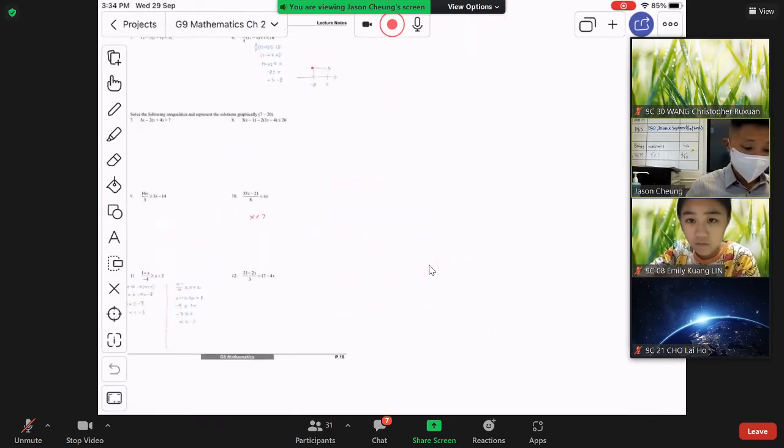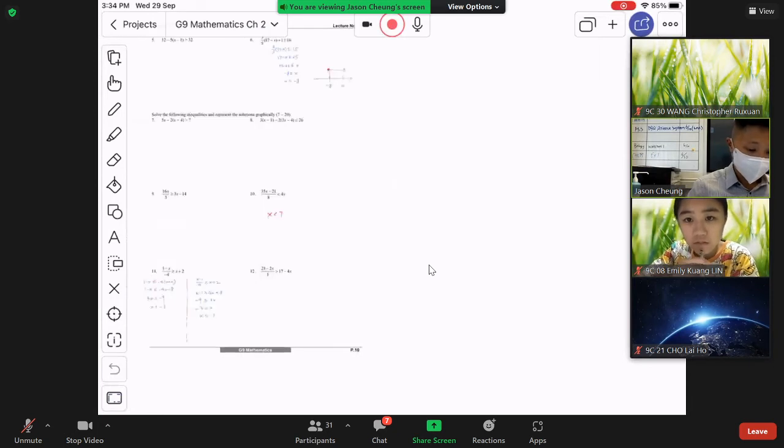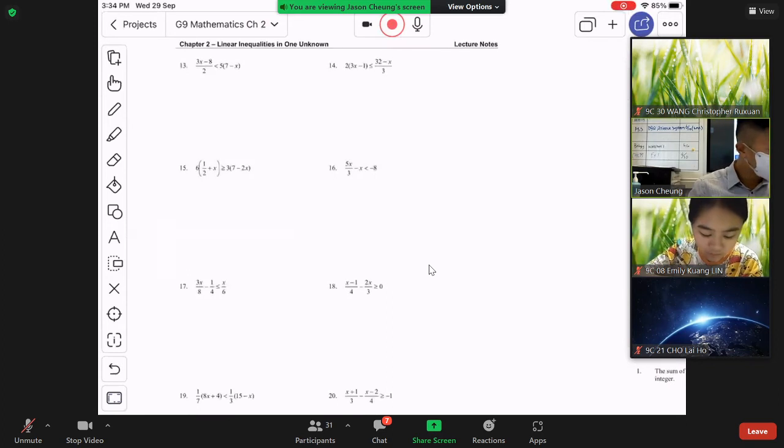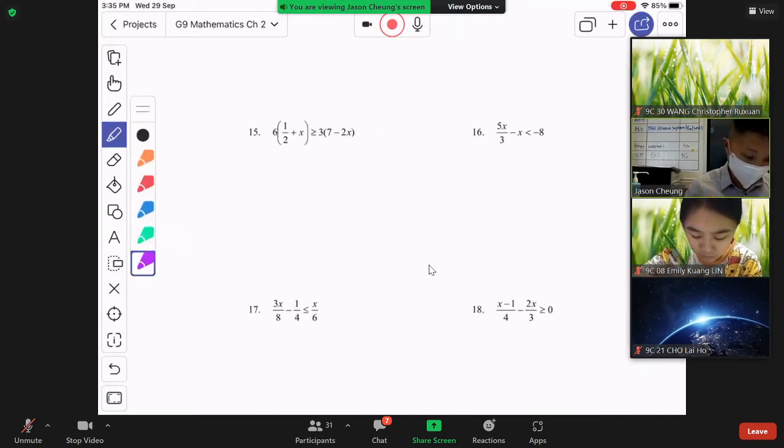If not, then we go to the next page. Next page. All right. I'm going to give you some time to do these because they are more complicated. Let me show you. 15, 17, and 18.